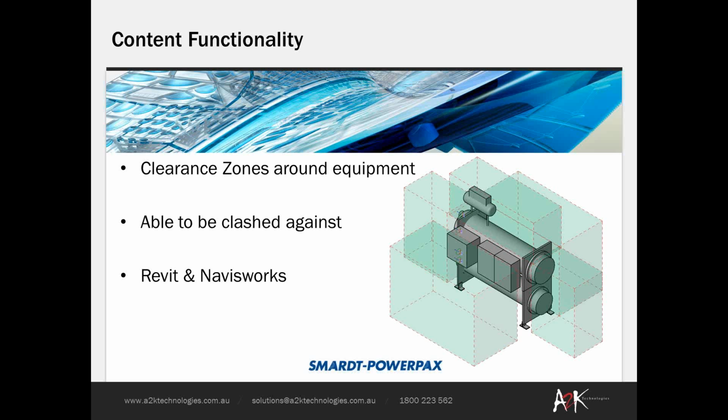And also in a 3D sense, these clearance zones, an example of which you can see on the screen here, are basically extrusions, okay, with a bit of a transparent appearance applied to them. But they are actually a solid object, which means they can be clashed against. Okay, so if these models are being used inside of, for example, a Navisworks model, you can clash against these clearance zones.